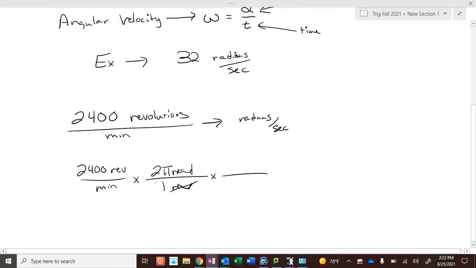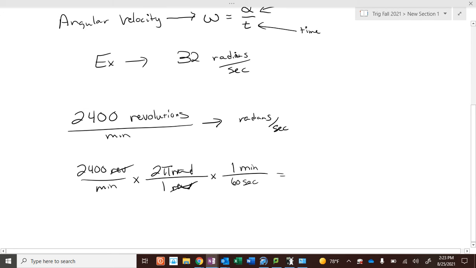Okay, revolutions and revolutions are going to cancel. Now I have radians per minute. I want my answer in radians per second. Do I know how many seconds are in a minute? I better. In 1 minute. Why did I put minutes on the top? Why didn't I put seconds on the top? Because we want to cancel out minutes, and seconds should end up on the bottom anyway. So 1 minute over 60 seconds. Okay.